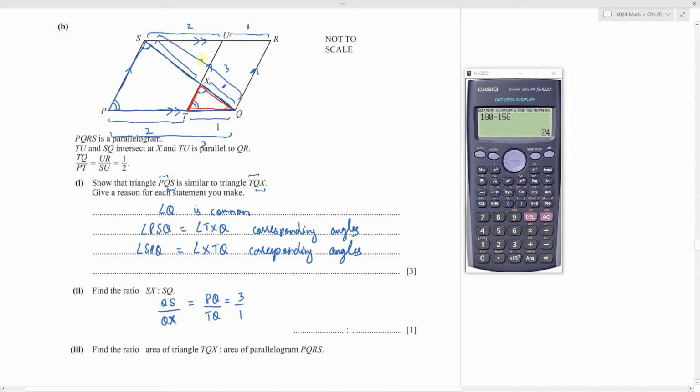So if this full is 3 parts, this is 1 part, so this remaining is obviously 2 parts. So now we can find the ratio SX over SQ. SX is 2 and SQ, the full length, is 3 parts. So this will be 2:3.